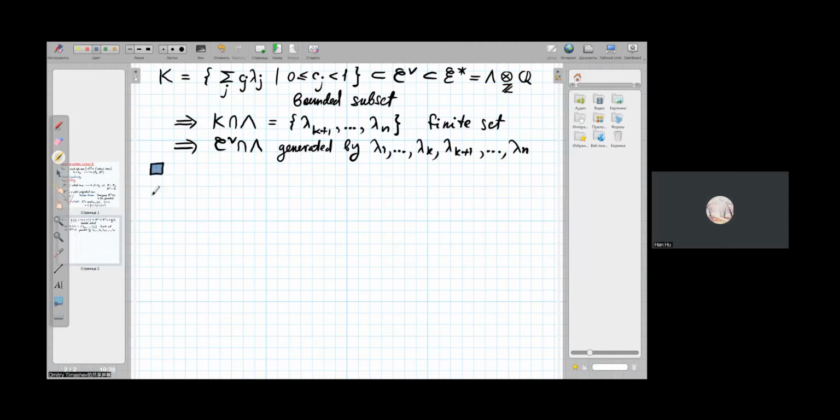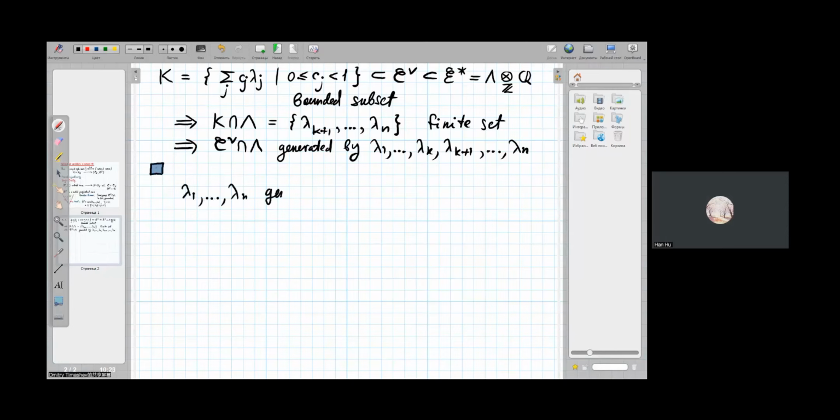And now let's go on. So let's fix the generators of the semigroup of lattice vectors in my cone C check. I will denote them, like in the proof of Gordan's lemma, by lambda 1, etc., lambda n.